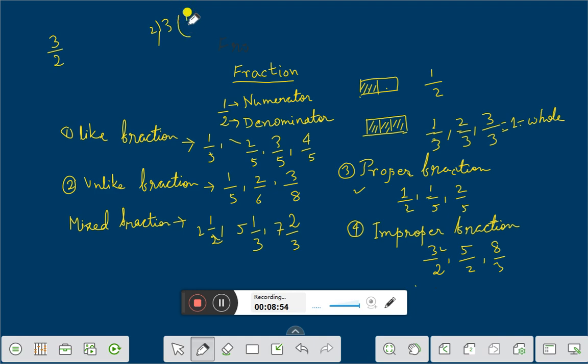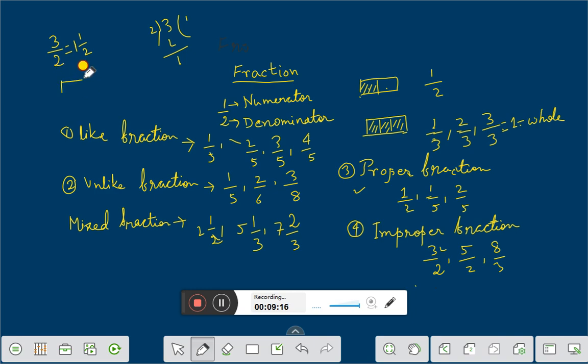that is 2 1 is 2, 3 minus 2, that is 1. That is, we can write it as 1 whole 1 by 2. And how do you represent this 1 whole 1 by 2?